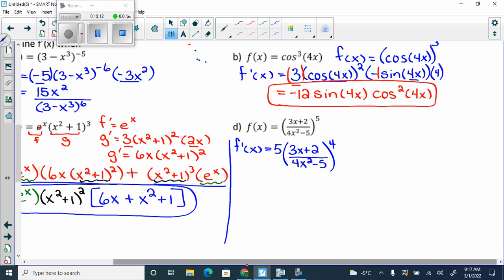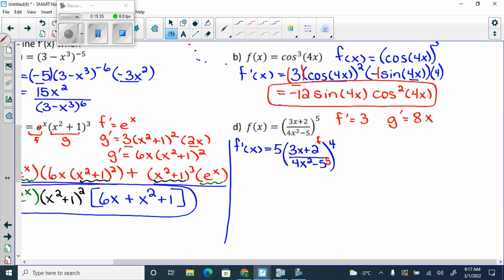So let's look at it. This would be my f, this would be my g. My f prime would be 3, and my g prime would be 8x. Do you see that? Does that make sense to people? Then we're going to go g f prime minus f g prime all over g squared.